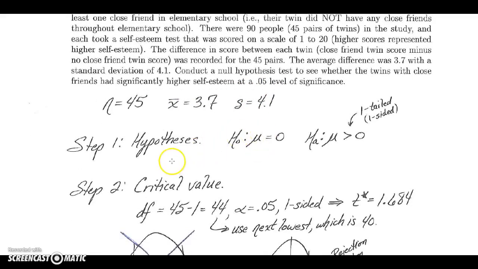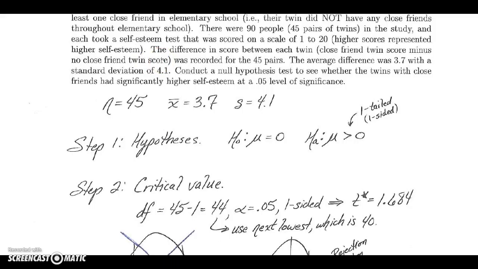Step one is hypothesis. So we're doing a matched pairs, which means we just have a single mean. And why do we have a single mean? It's because every pair of twins has one data value. So the way we did it was the close friend twin score minus the one who didn't have any close friends. So we have each of their scores on that self-esteem test, but we just create one difference.